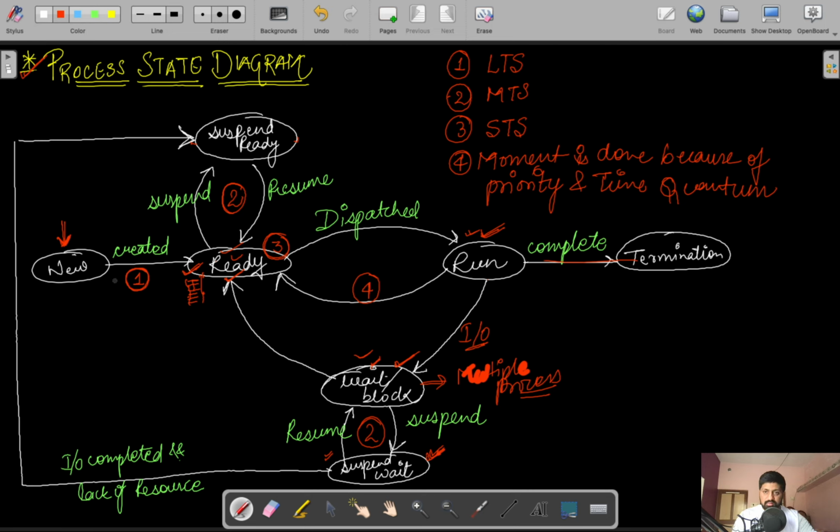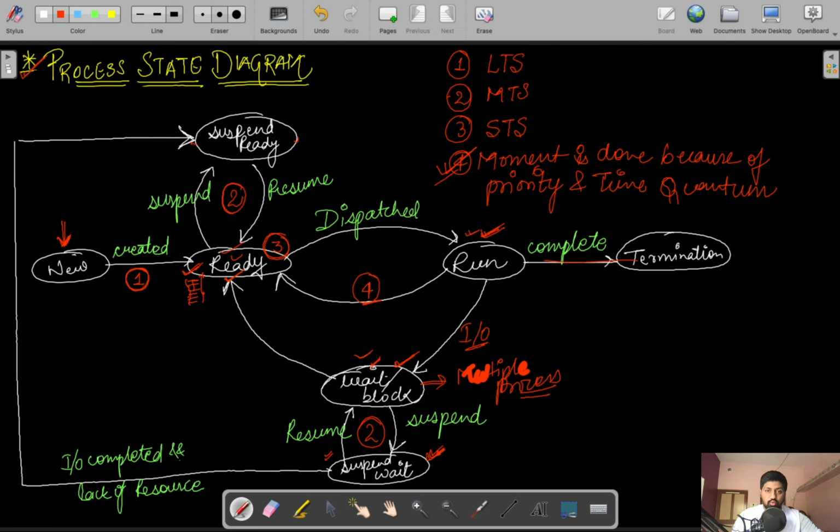So this is the simple process of suspending from the ready state or from the wait block state. And in the running state, there is a time when the process moves from the running state to the ready state, as I have explained here also.